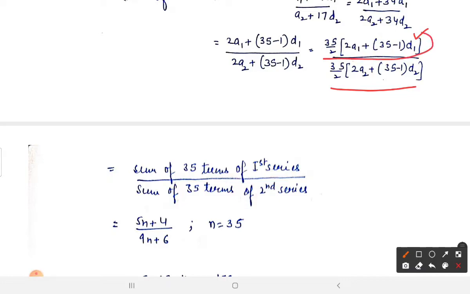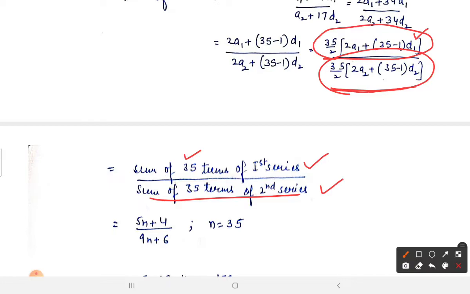This is the formula for sum of first 35 terms of the first arithmetic progression, and this is the formula for sum of first 35 terms of the second arithmetic progression. So it is the sum of 35 terms of the first series and the sum of 35 terms of the second series, but we have been given the ratio of sum of n terms of first series and sum of n terms of second series.